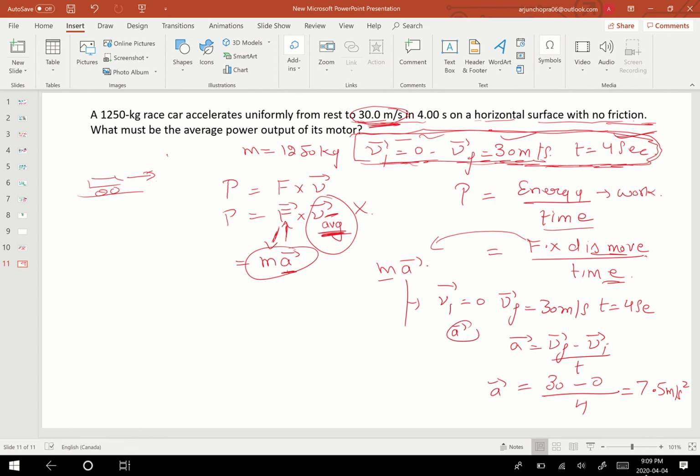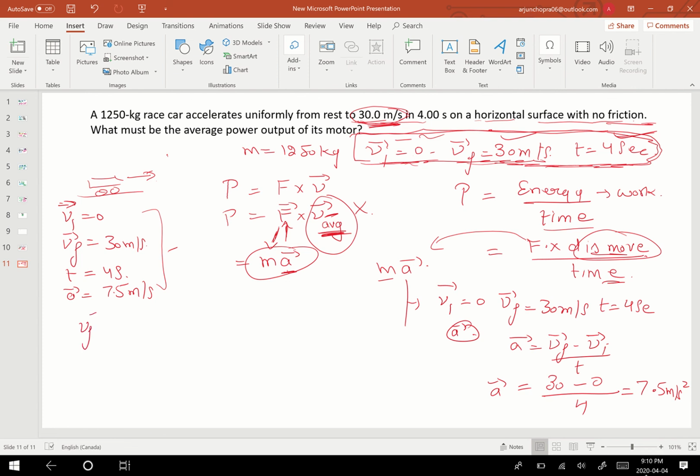Now I want to find the distance moved. Again, I'm going to use the kinematic formula. So what do I have? I have v initial equal to 0, v final equal to 30 meters per second, time 4 seconds, and acceleration, which I've already figured out, equal to 7.5 meters per second square. I can use any three of these and find the unknown value of displacement.